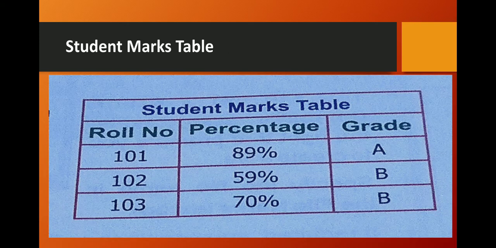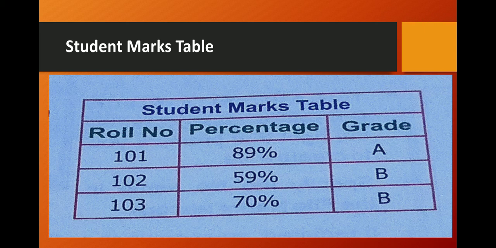Here we can see the students' marks table. So roll number, percentage and grade are the fields and the records are given: 101, then percentage, then grade. These are all examples of records. Notice that the value of the roll number field in the student marks table is the same as the value in the student information table.